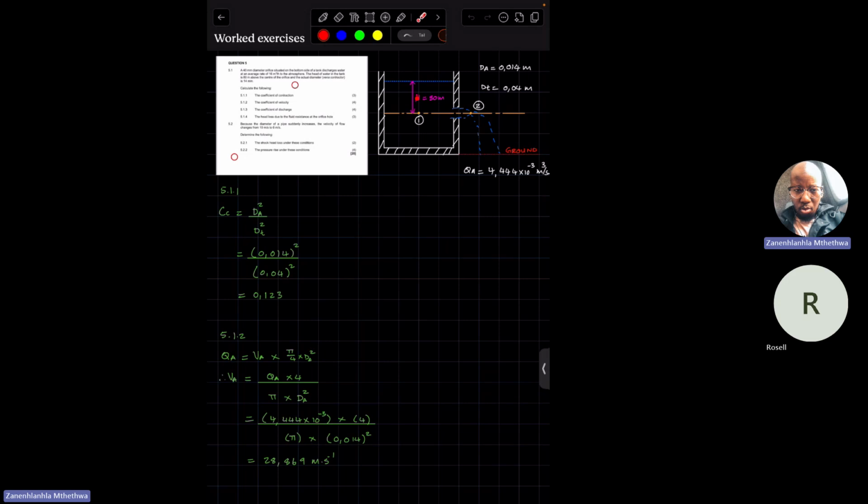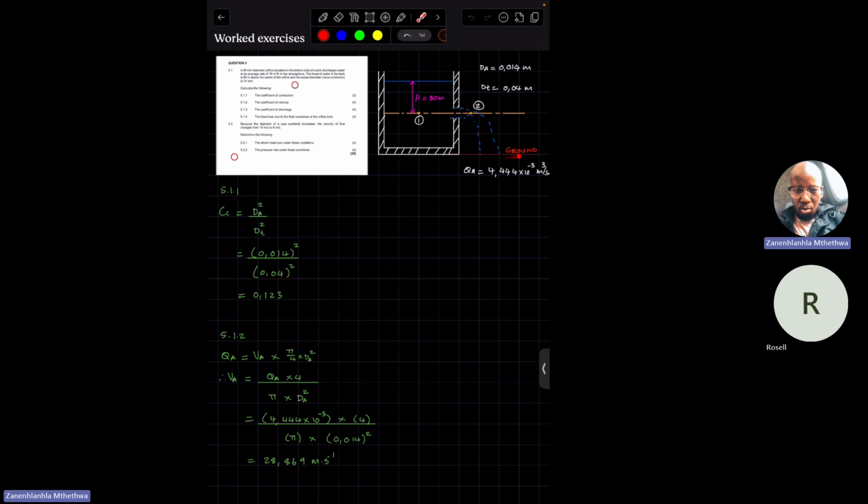Now in flow through an orifice, point 1 and point 2 are essentially along the same set of axes. It makes things easier for us in terms of which pressure head to use, because we've already been given this pressure head, the height h from the water level, which is 80 meters, and then of course you take that as the ground.